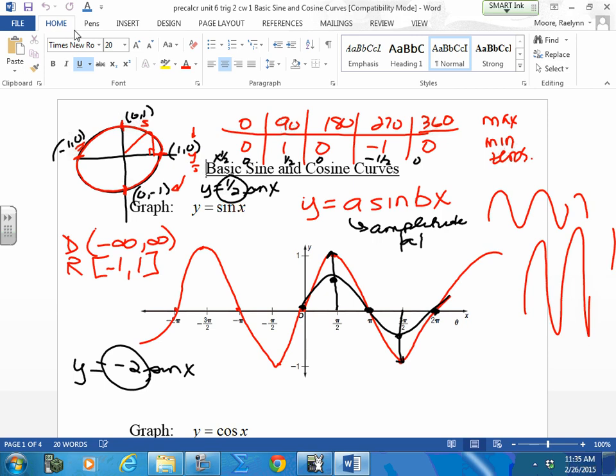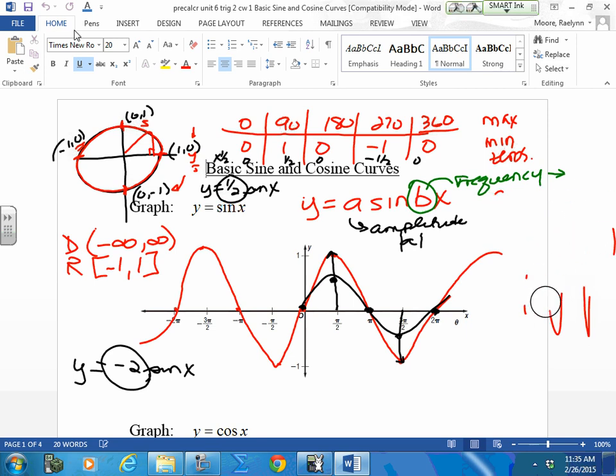Now, B is the tougher one. B is the frequency. I want you to write this down. Frequency is how many complete cycles, meaning I've gone around my curve 360 degrees, in 2 pi, or in 360 degrees.